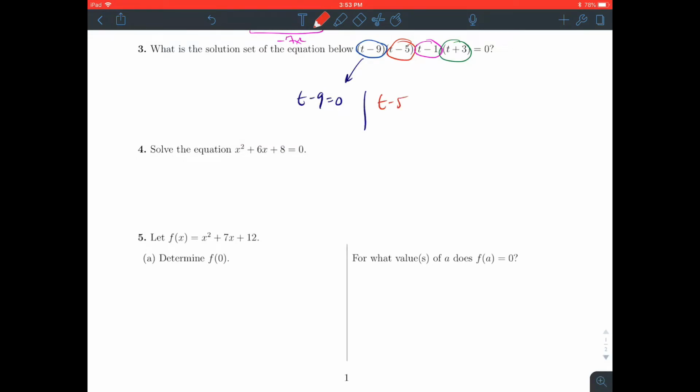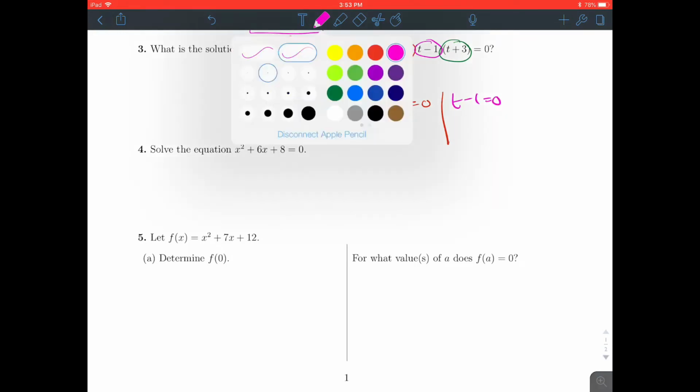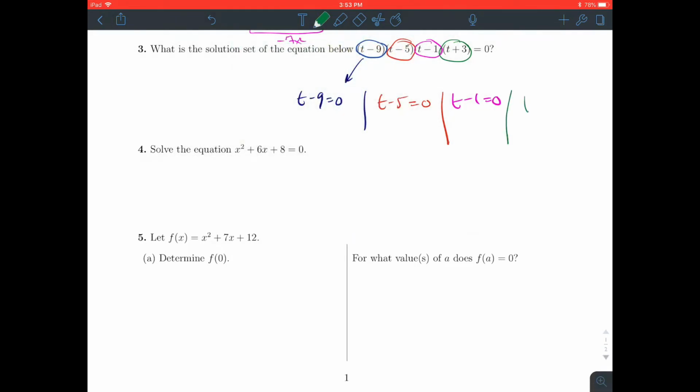I know it looks like 2 numbers, but I'm calling it a single number because t, whatever number that is, minus 5 would result in 1 number. T minus 5 is 0, or t minus 1 is 0, or, in green, t plus 3 is 0. And if one of these things is 0, then 0 times anything times anything times anything would be 0.